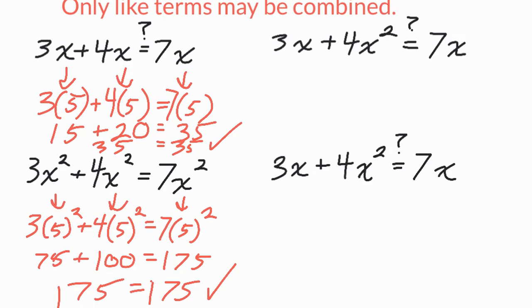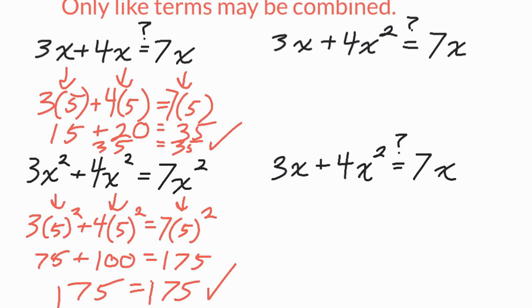Will it work over here? 3x and 4x squared are not like terms, because in this term the x is raised to the second power, and here the x is not raised to any power. Or you can actually think of that as being raised to the first power, but nobody really writes a 1 over here.